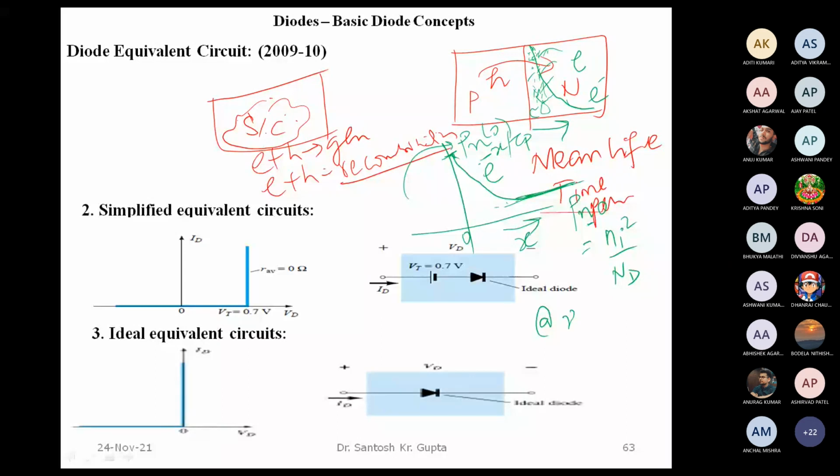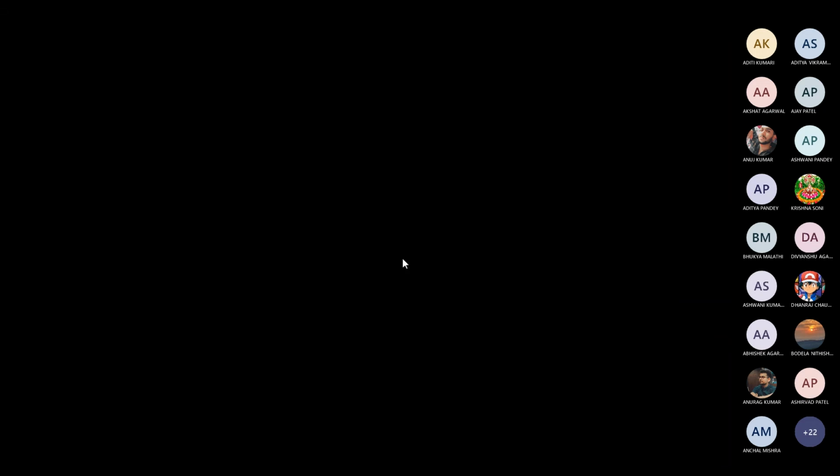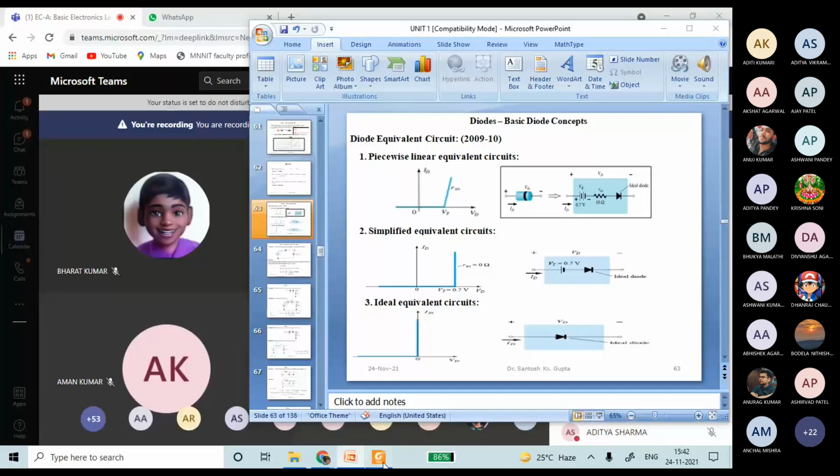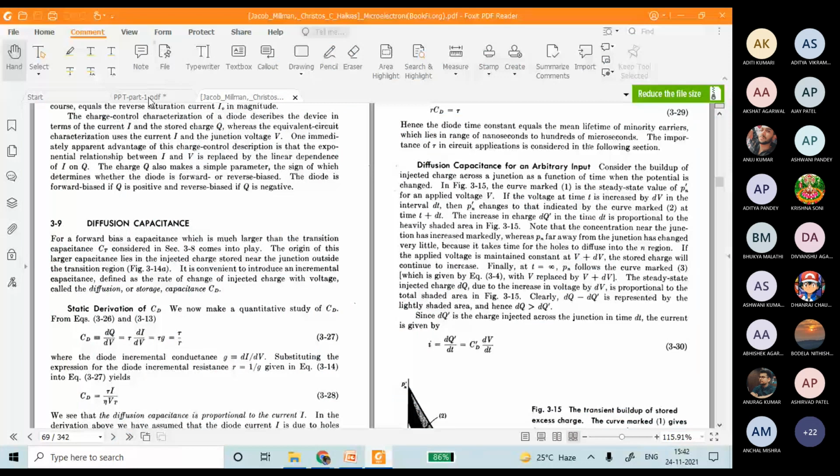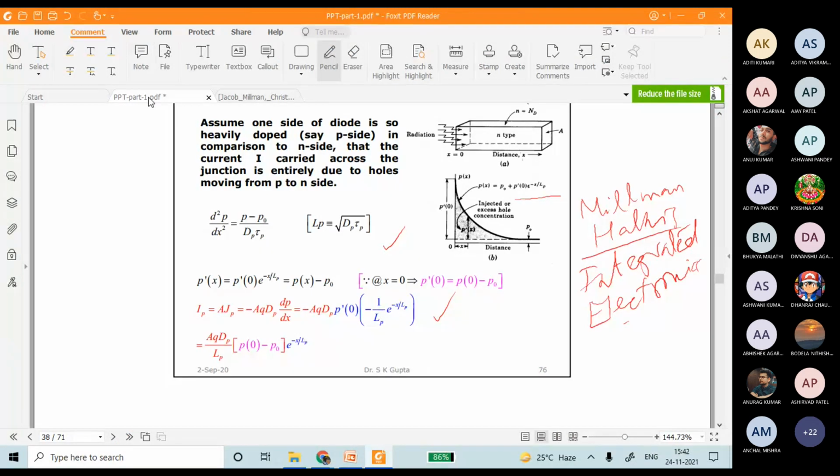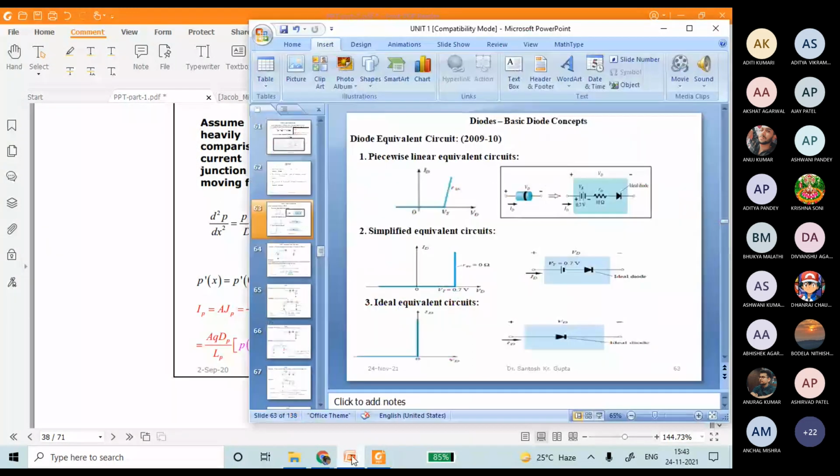I think this is not the correct relation here, let me go back and see. Okay, it is minus x upon Lp actually. So let us correct this.